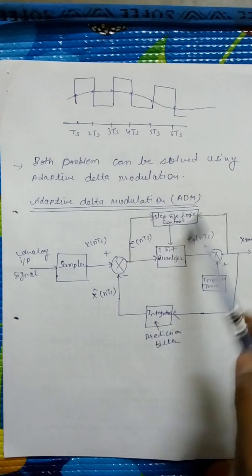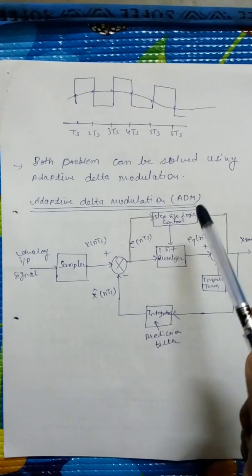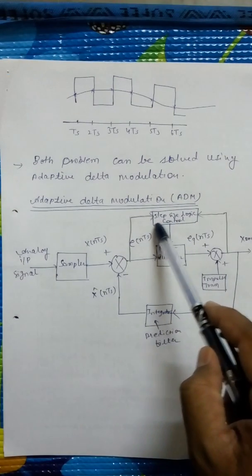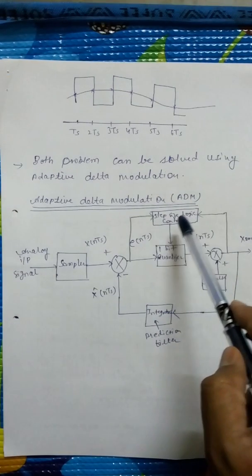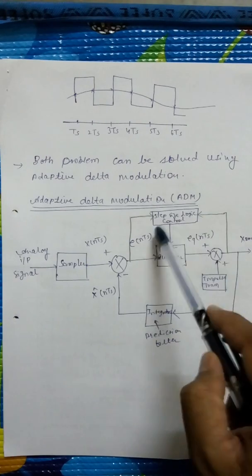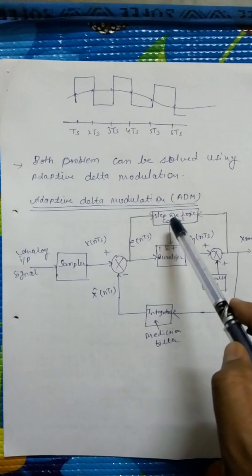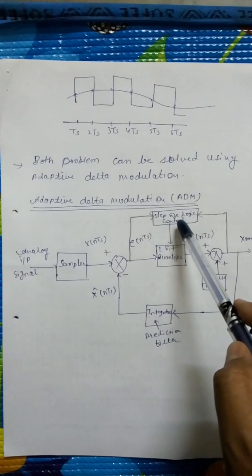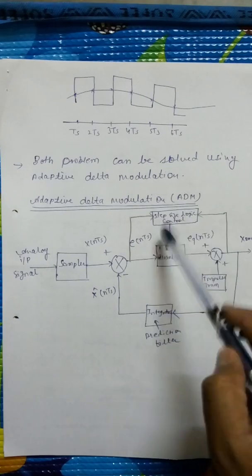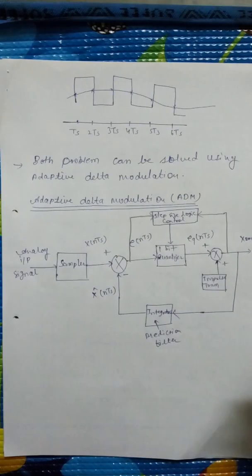The step size is an adaptive step size. It means when slope overload distortion occurs, the step size is increased, and when the granular noise problem occurs, the step size should be decreased. So both the problems can be overcome using adaptive delta modulation.